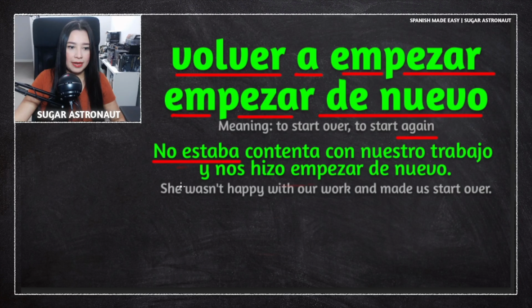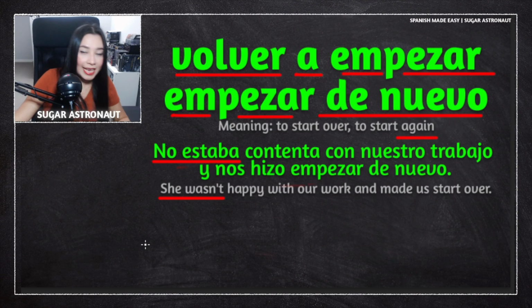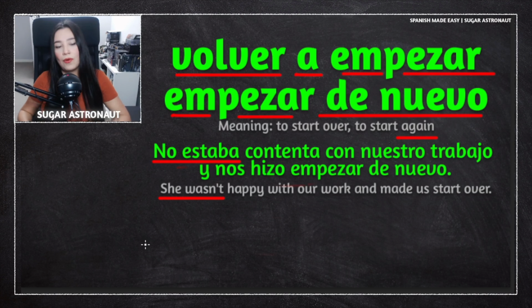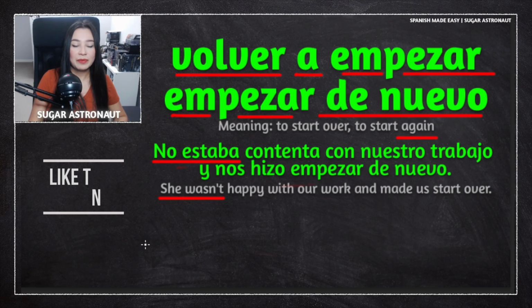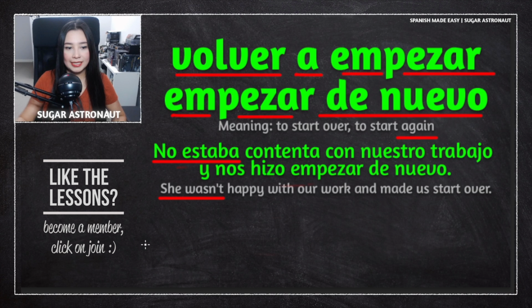No estaba means she wasn't. Obviously, you can add ella. Ella no estaba. Ella means she, okay? But we don't need it, but you can say it. Ella no estaba. She wasn't.